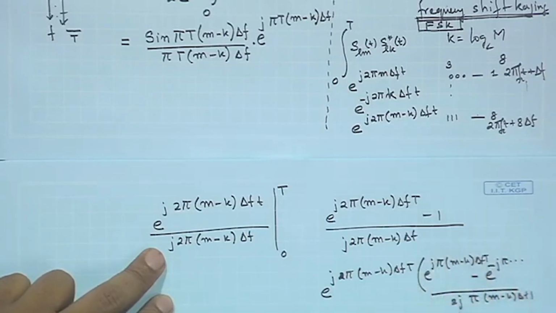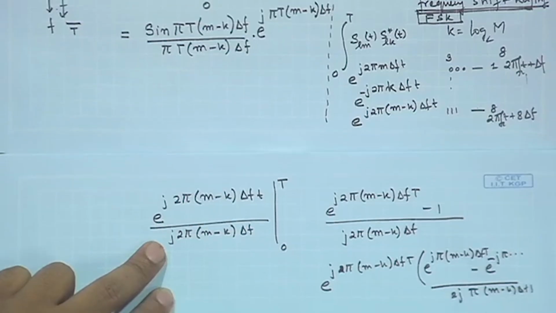So, this expression is e to the power of j alpha minus e to the power of minus j alpha. This is sine. So, cos alpha plus j sin alpha, and this one would be cos alpha minus j sin alpha. So, cos and cos cancel out.